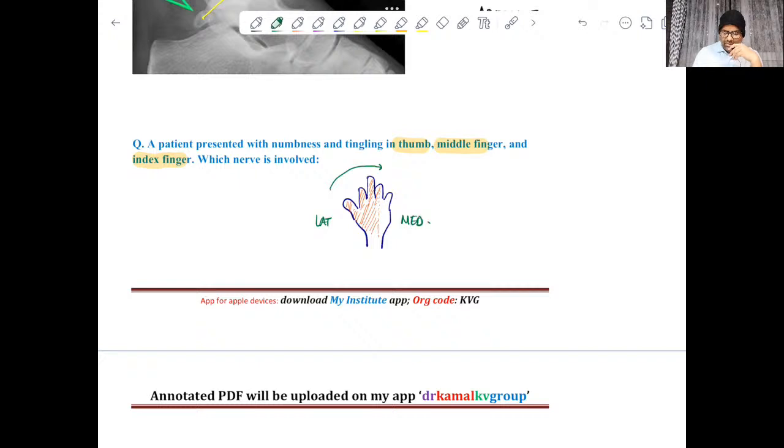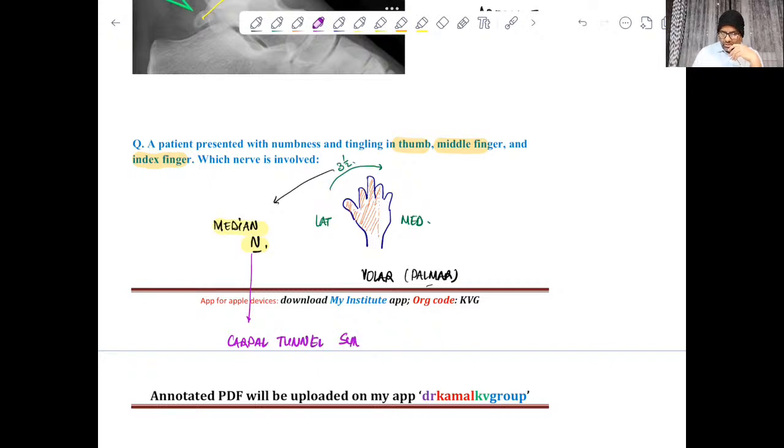So the lateral 3.5 is all territory of median nerve. I think most of you must already know this, and I am very sure you might have done it right as well. This is on the volar aspect, not the dorsal, or you can say the palmar aspect. So the 3.5 is all median nerve compression, and you can remember carpal tunnel syndrome. Clear?